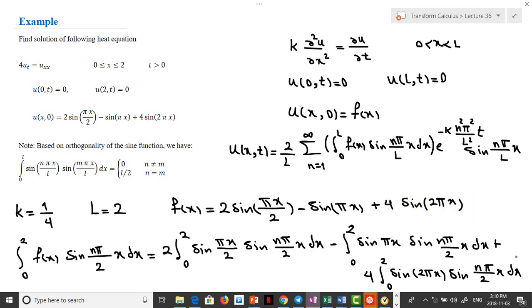In fact, if we can find these integrals, we have our solution.